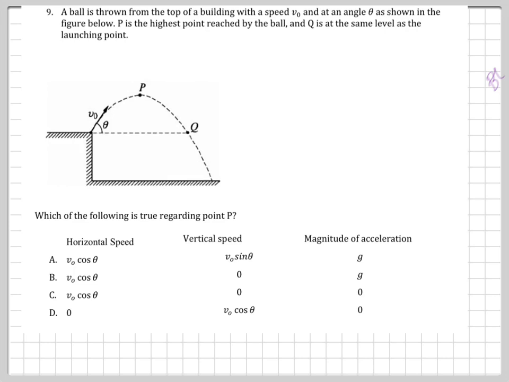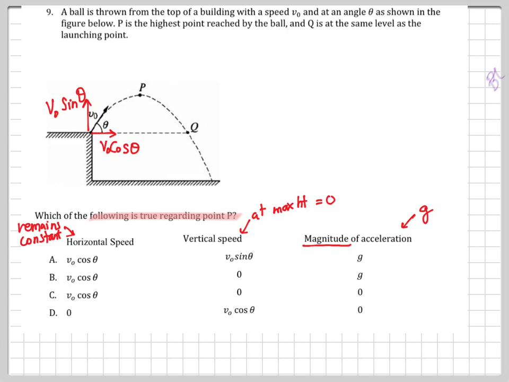Next, we have got again a projectile motion problem. Here, we want to find what is true regarding point P. P is the highest point in its motion. So we know that the components of the initial velocity are V0 cosine theta and V0 sine theta. Horizontal speed remains constant. At the maximum height, vertical speed will be equal to 0.